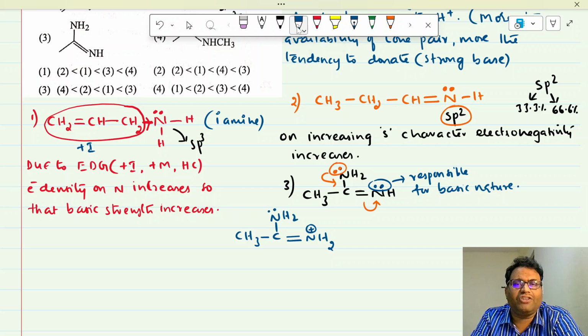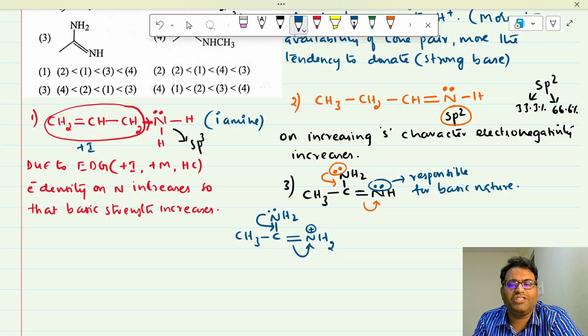As we are finding the conjugated system, what happens? Lone pair of electrons, as electrons have negative charge, are pushed towards the positive charge. Now this pair of electrons is donated here, and this pair of electrons moves in this direction. So you get another resonating structure due to delocalization of these pi electrons.